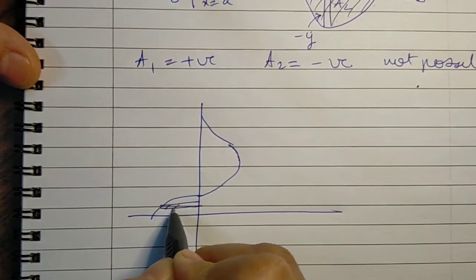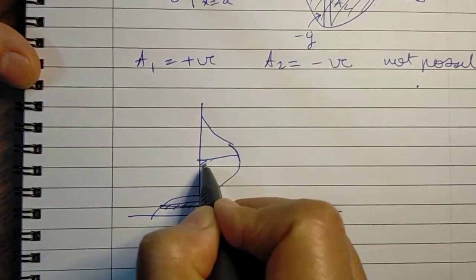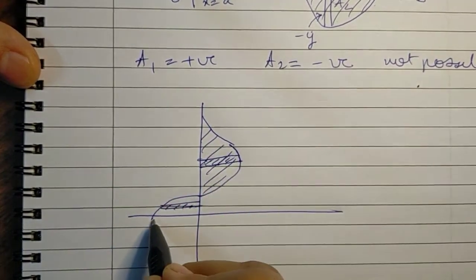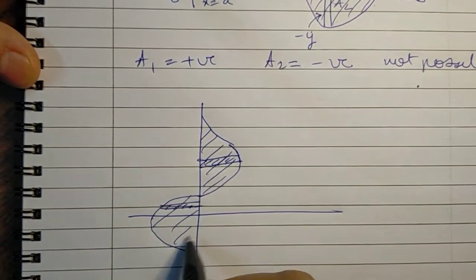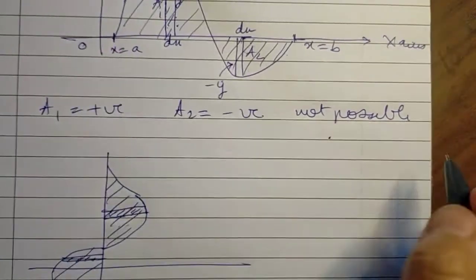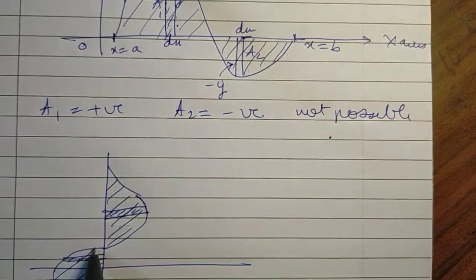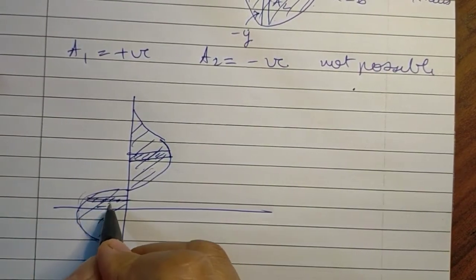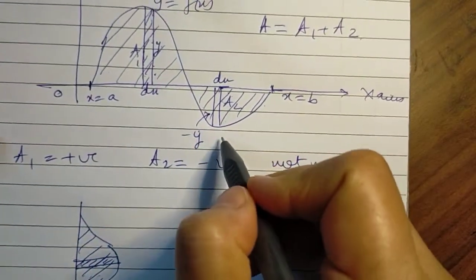So here it is on the left side of the y-axis, so that the area gets subtracted. What we have to keep in mind is that we can't take the negative value of x here or negative value of y here.